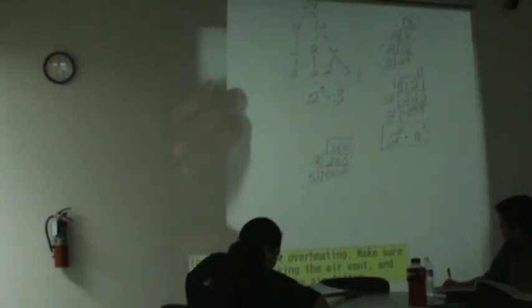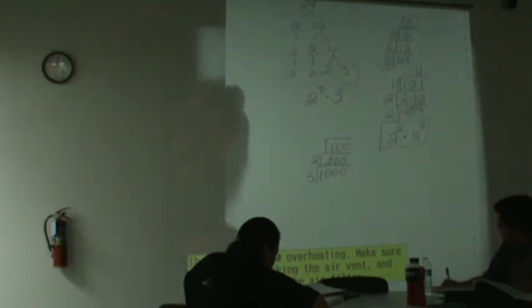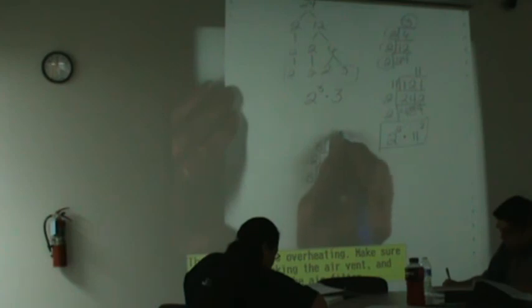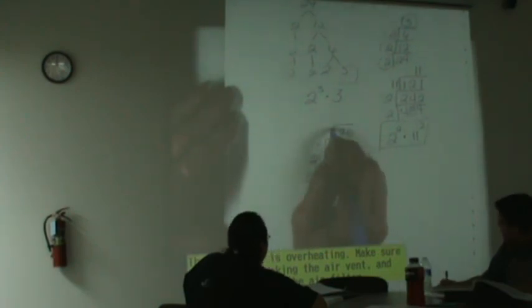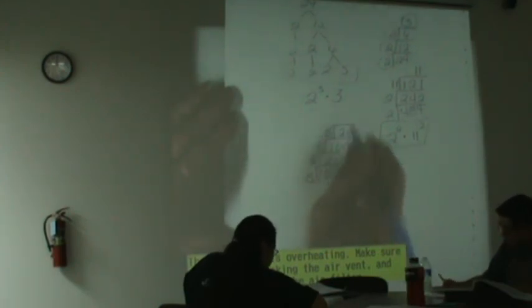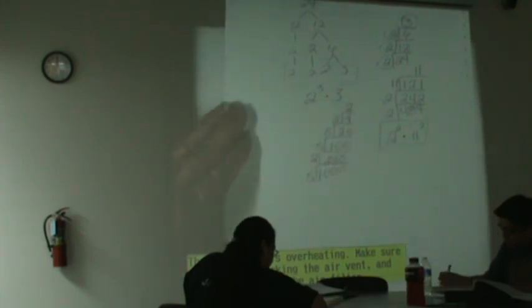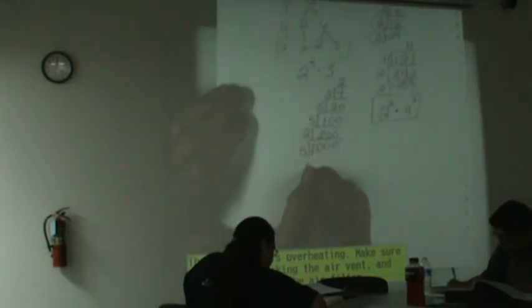What would you like to divide by now? 5? 5 into 10 is 2, so 5 times 20 is 100. Don't put 4 out here. Let's do 5. 5 into 20 is 4. And then divide that by 2 is 2. Now we always put them from small to large, so let's put our 2's first. 1, 2, 3.